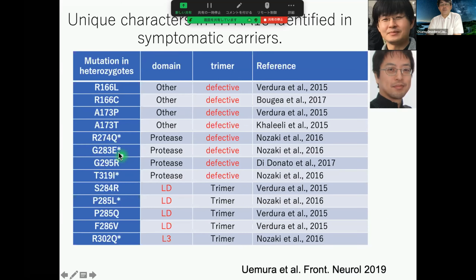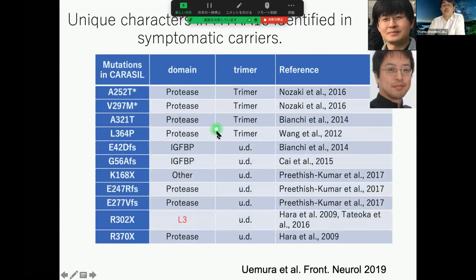And very interesting, most of the mutants which have been reported in the symptomatic carriers do not form trimers or have a mutation in the LD or L3 domain. It's very clear. But some of the mutations form a trimer and also have a mutation at the protease domain, not the L3 or LD domain.